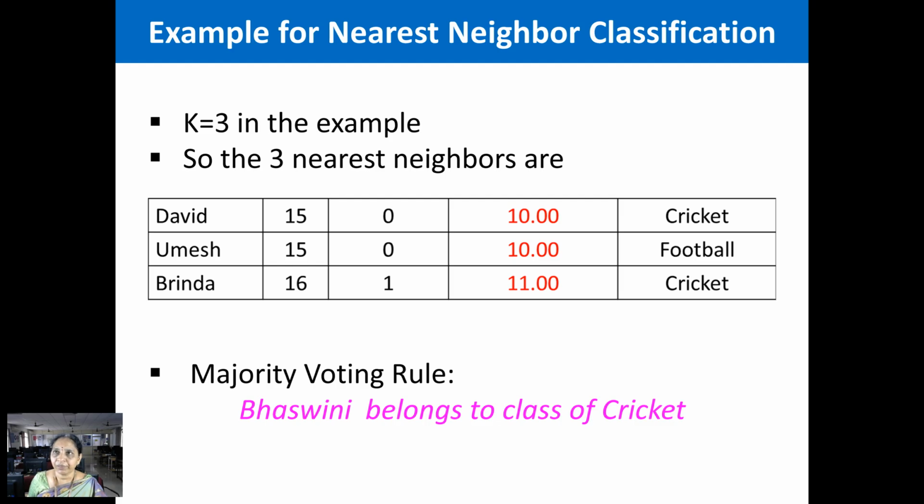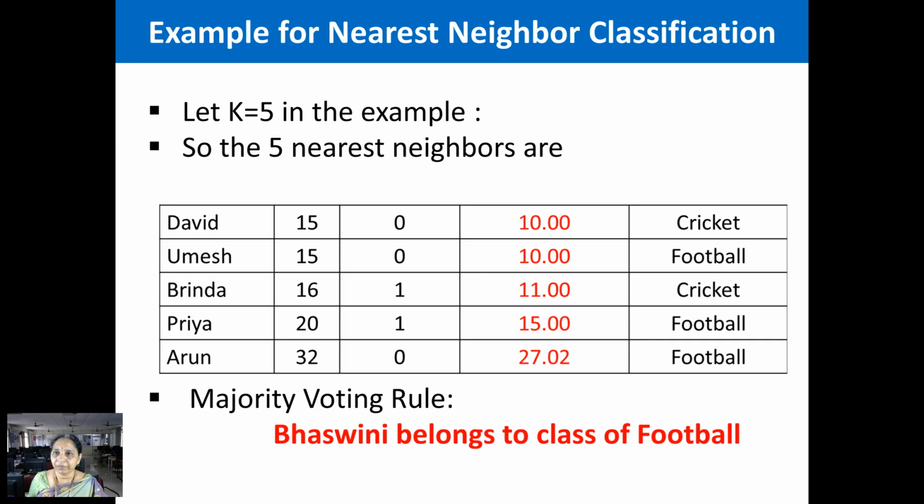This is what we need to apply for a classification task. If we apply the same algorithm with 5 nearest neighbors, we again look at the class labels, and based on majority voting, Baswini likes football. Likewise we can take any value of k, but we need to remember that k should be an odd number, otherwise we will get an ambiguity.